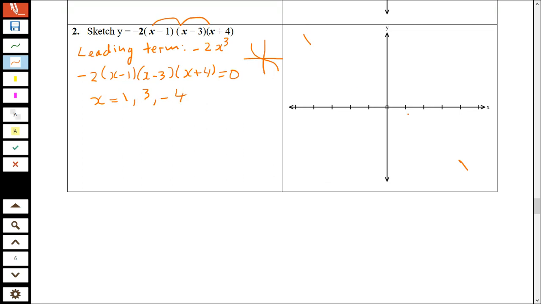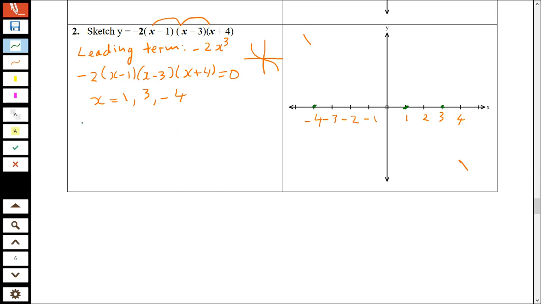So straight away over here, we can put some numbers: 1, 2, 3, 4, -1, -2, -3, -4. And let's put the intercepts there. So we've got 1 at 1 there, we'll put a little dot, then at 3, and then at -4.